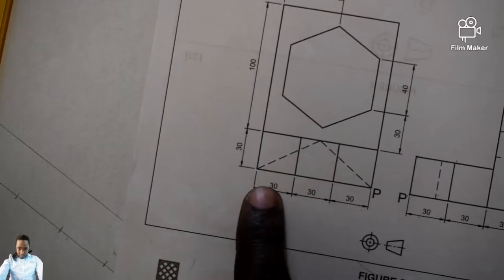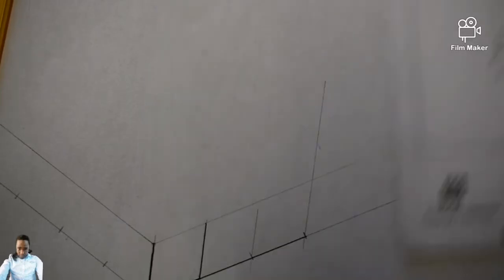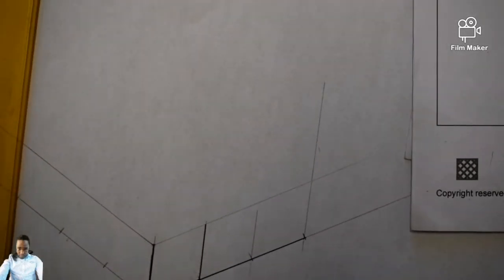So I can just mark the first 30, and then from here the second 30, the last 30. 1 2 3, 30. You understand? So now I'll go up.